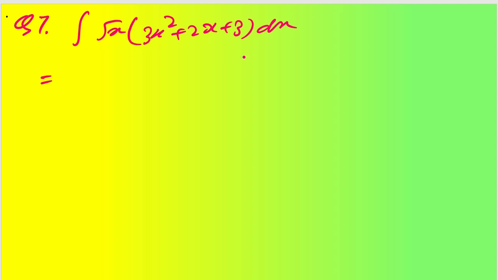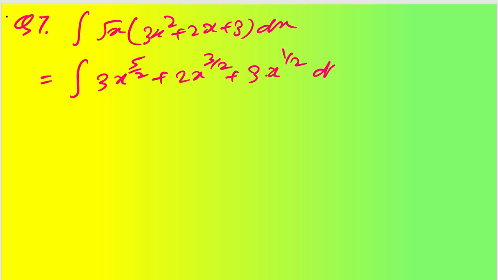So this will become integration of 3 times x to the power 2 plus 1 by 2, that will become 5 by 2, then plus 2 into x into root x, that will become x to the power 3 by 2, plus 3 into root x will become x to the power 1 by 2, dx.